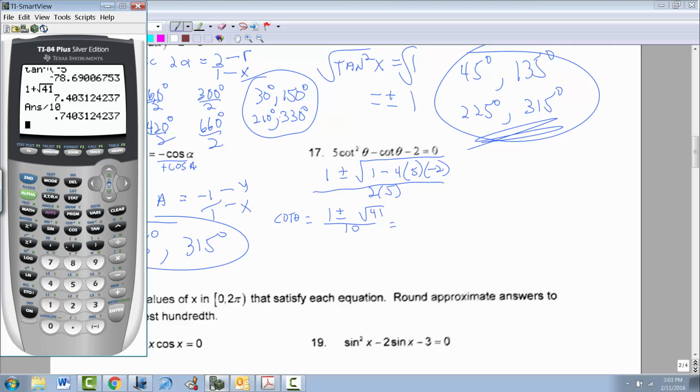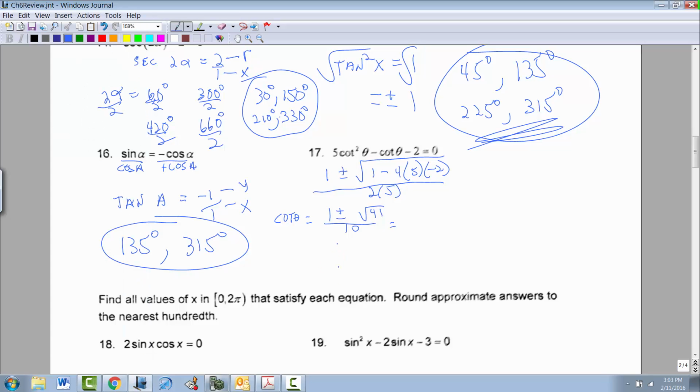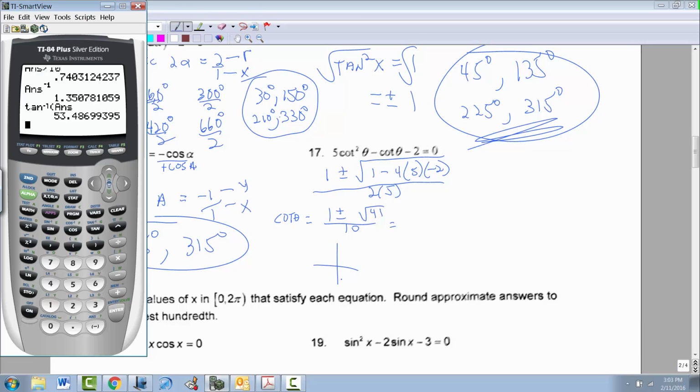So actually you could raise it to the negative first. What happens when I hit that? Nice! Okay, now I turned it into tan. All right, so I flipped that decimal. And now I can inverse tan. So that's how you do that. Okay, a second answer. Okay, boom goes the dynamite. Okay, so we got 53.5.